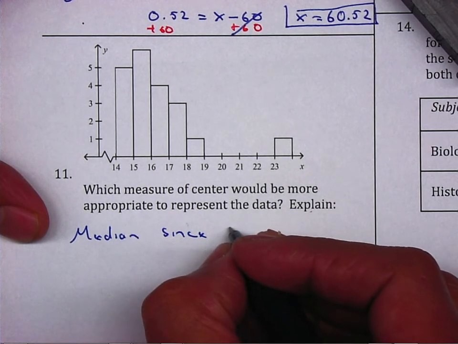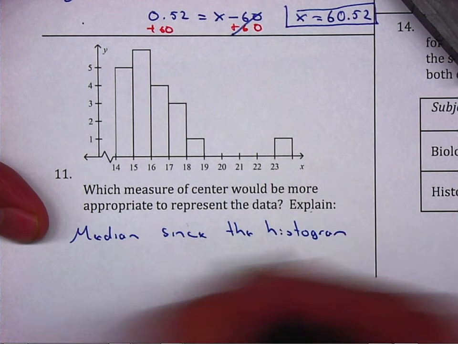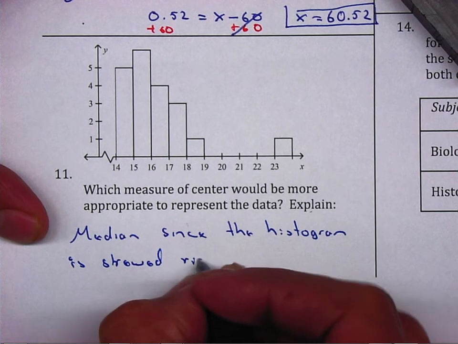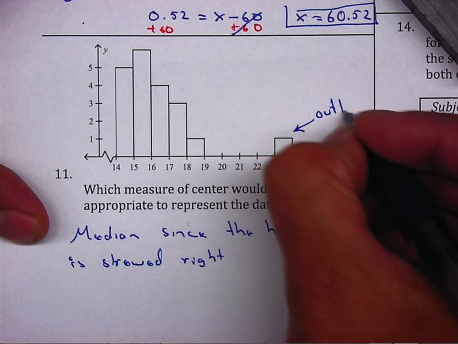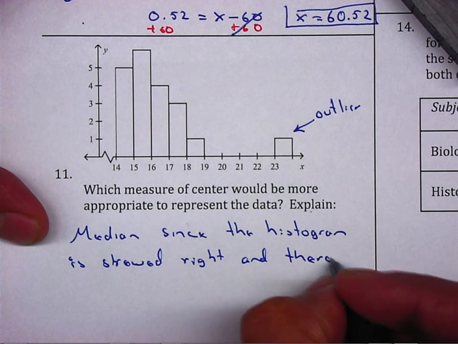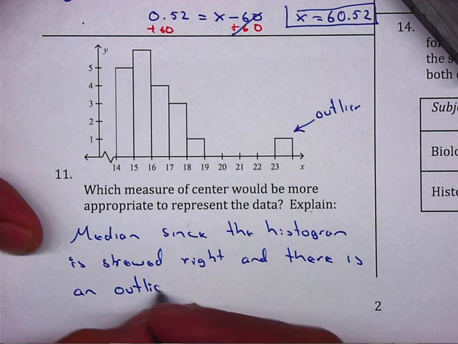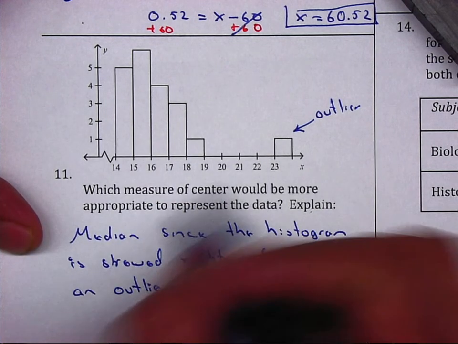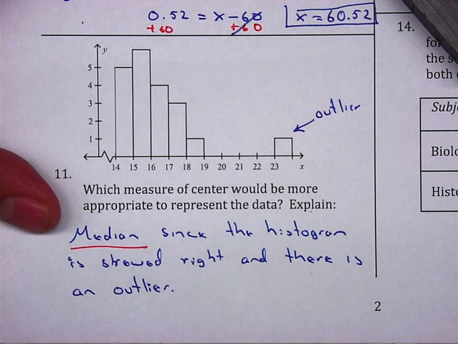The histogram in this case is skewed right, but there's also an outlier. So if it's skewed left or right, or if there's an outlier, then we have to use the median.